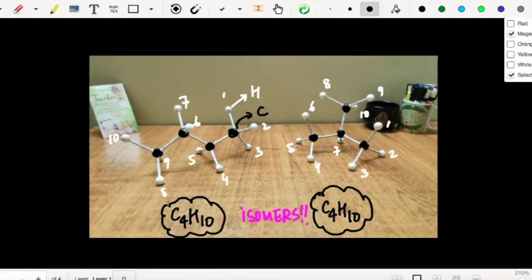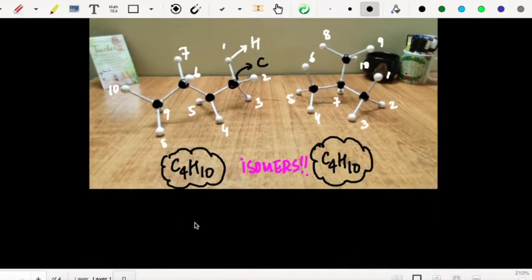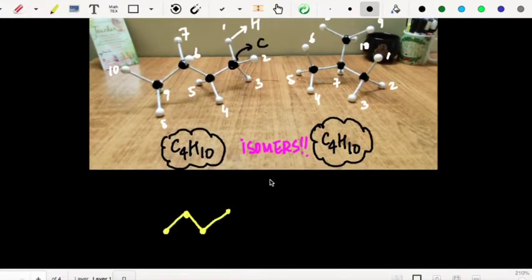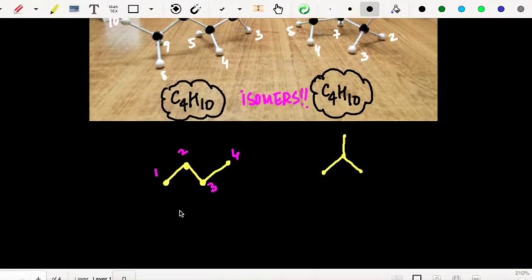Okay, if I try to draw the bond line formula of the molecule on my left, it can be represented like this, while the molecule on my right can be represented like this. If I try to write their IUPAC names, the molecule on my left has 4 carbon atoms, so this is essentially a butane molecule.